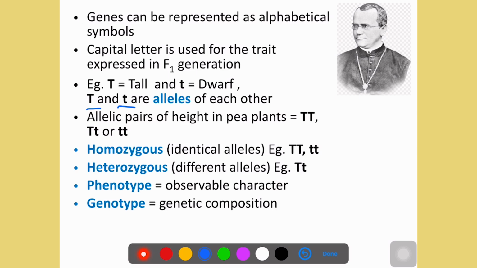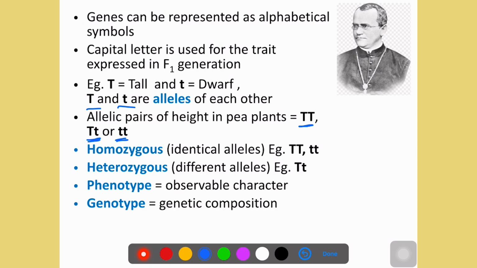So what are the possible combinations of these alleles in pea plants? They should occur in pairs because pea plants are diploid organisms. So each pea plant will contain a pair of alleles. So these are the possible combinations. A pea plant can either have two capital T's, one capital T and a small t, or two small t's.